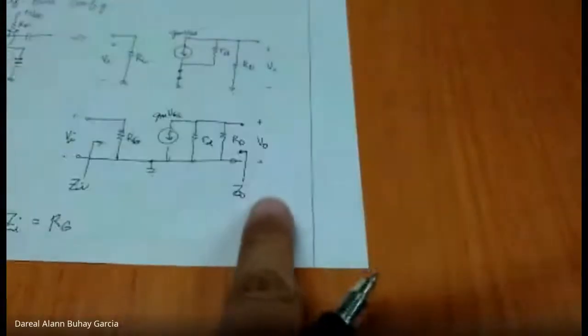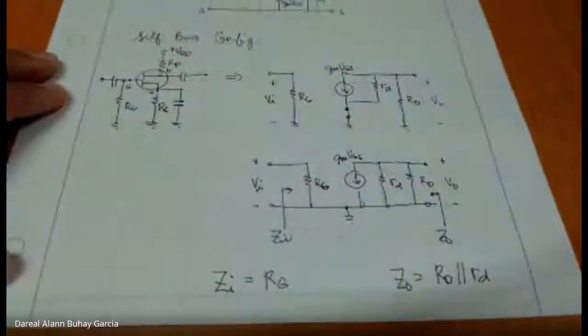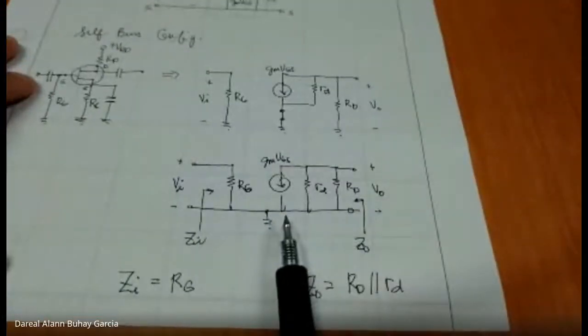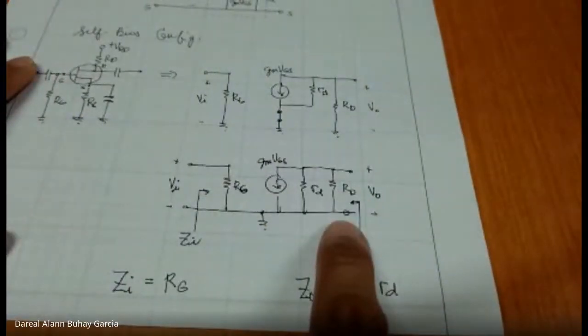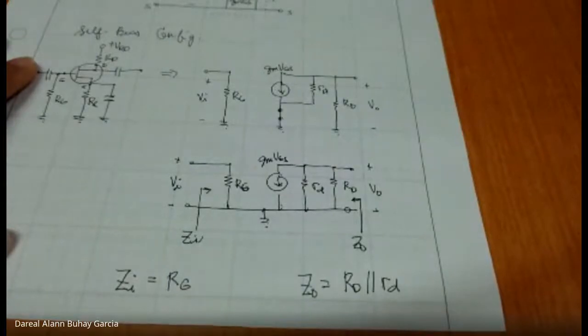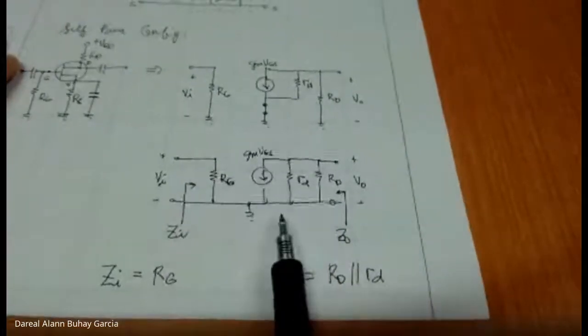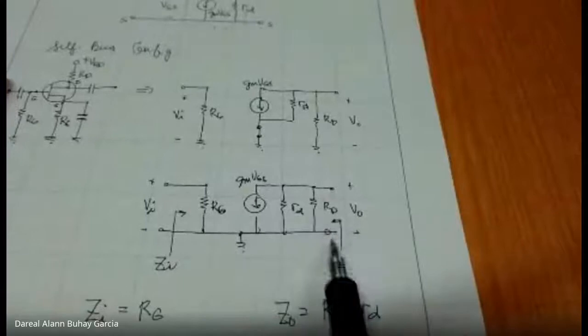No? Klaro man siguro. Output impedance is equal to RD parallel rd. Big RD parallel small rd. Voltage gain. Voltage gain is VO over VI. And what is VO? VO is wait. Say voltage drop dire.